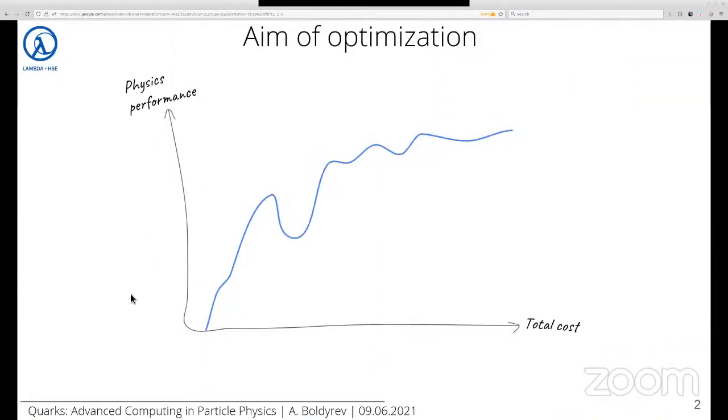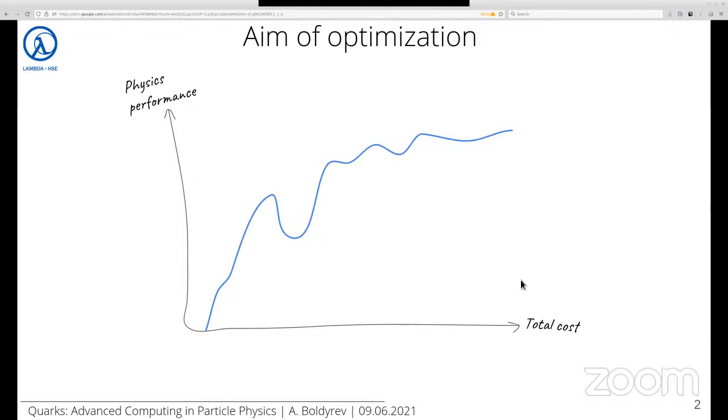Let me define the aim of our approach. It is finding a function that describes the physics performance at a given total cost of the detector. There are a few possible scenarios here. First of all, the physics performance can vary from a selected reference physics process up to the entire physics program of huge experiments like the LHC.